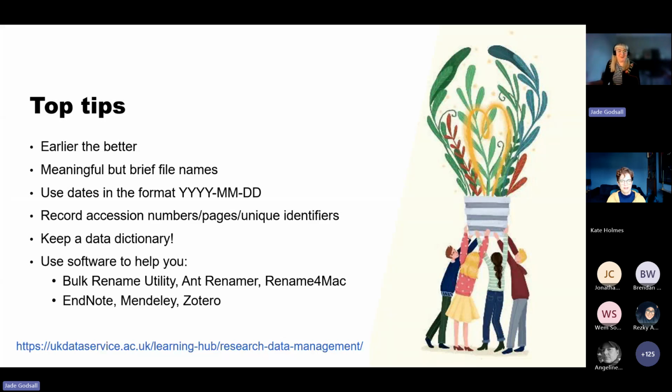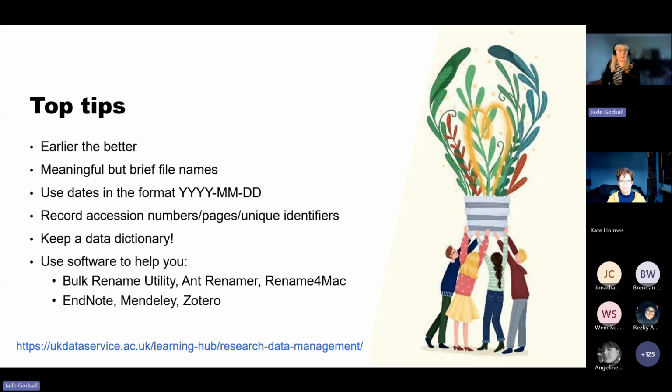Keep a data dictionary. If you're using any shorthand, especially in titles, maybe for archives and museums, chances are you're not going to remember them throughout your project, or maybe even if you're going to reuse that data later on and you go back to it. So keep a data dictionary so you have all that information to hand.